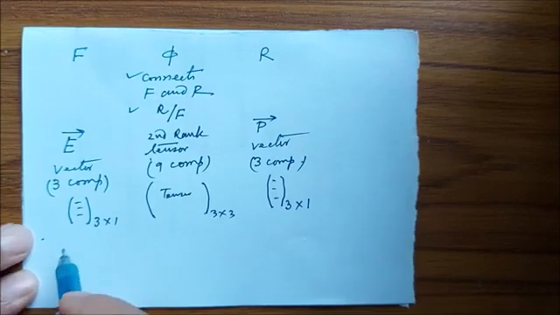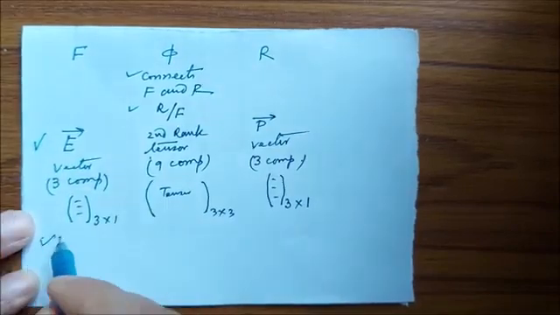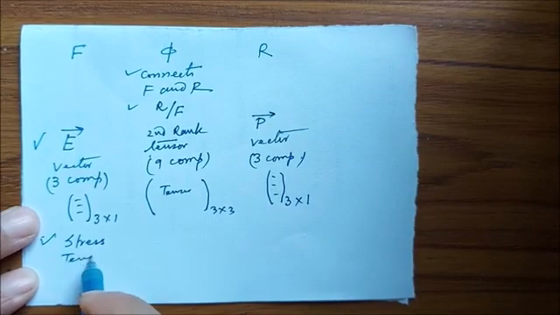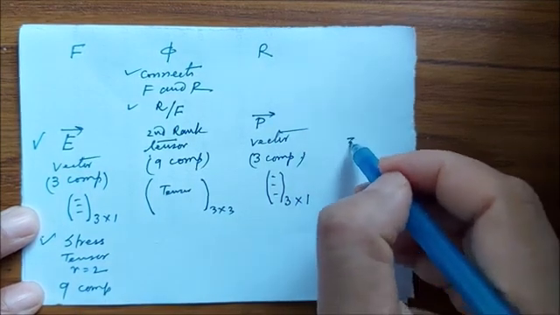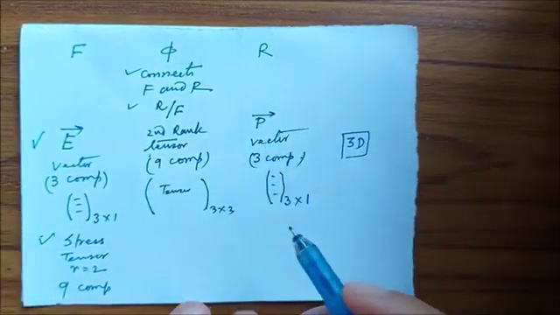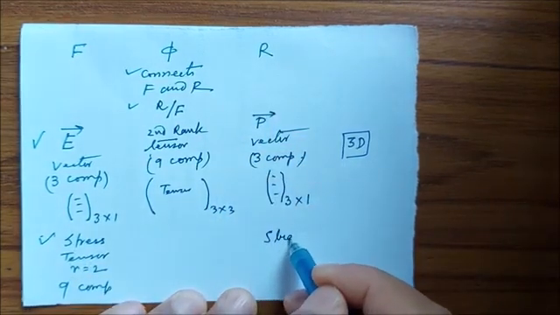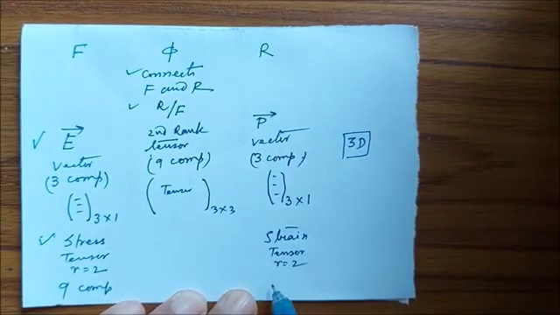Let us give another example. Suppose the stimuli is stress, and stress is a tensor of rank 2 and it has 9 components in 3D space. We are discussing in 3D space. And what will be the response corresponding to stress? It will be strain, which is also a tensor of rank 2.